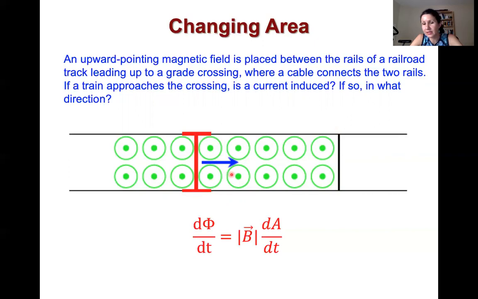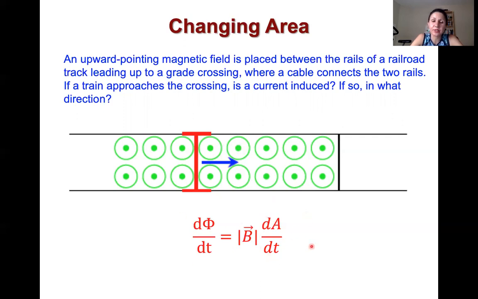As it moves, it decreases; we have 8 or fewer, depending on how fast it's moving and where it went. So in this case, it's the area that's changing. The magnetic field itself is staying constant. We're not changing the magnetic field, but we're changing the flux, because as the area decreases, there's less magnetic field going through that area. So you end up with this equation.